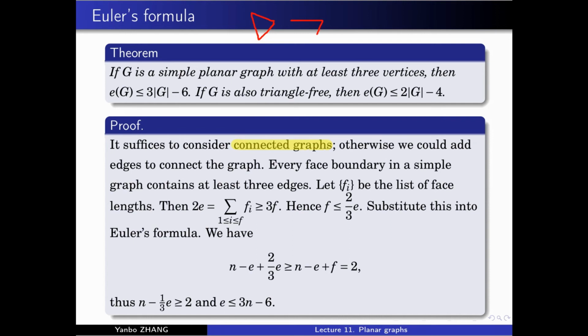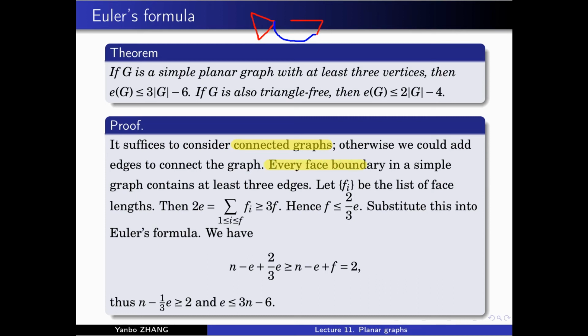To prove the result for this non-connected graph, we can add edges to connect the graph. If the result holds for this connected graph, then the result holds for the original graph, because the original graph has fewer edges. So it suffices to consider only connected graphs.